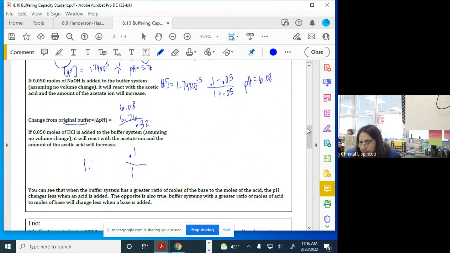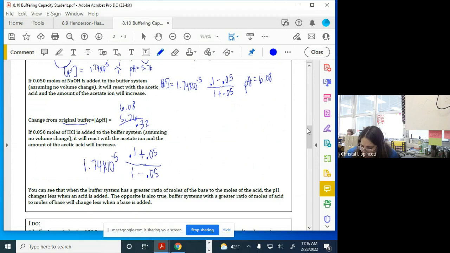I'm still going to have my same Ka value. My temperature hasn't changed, so my Ka value doesn't change. And now I need to figure out what's going to happen to this. If I add acid in, which line do I add to, top or bottom? Top. So I'm going to add in plus 0.05 here and minus 0.05 here.